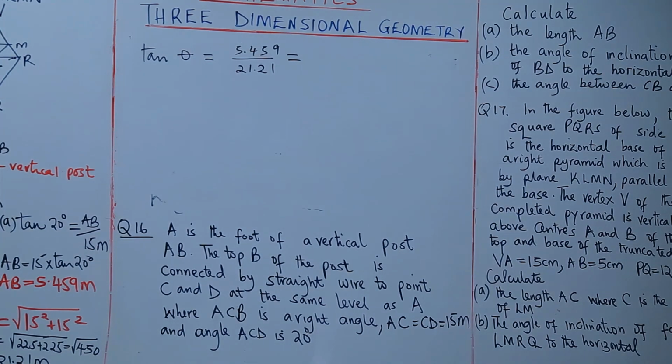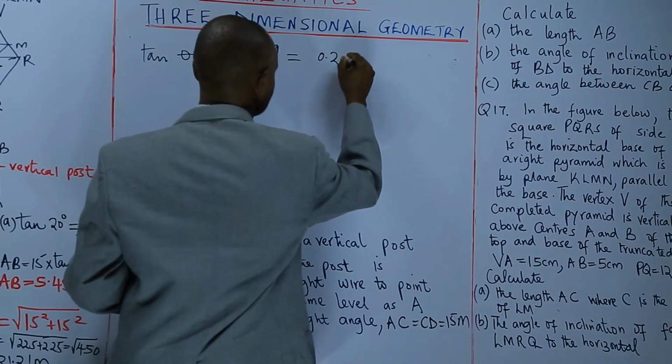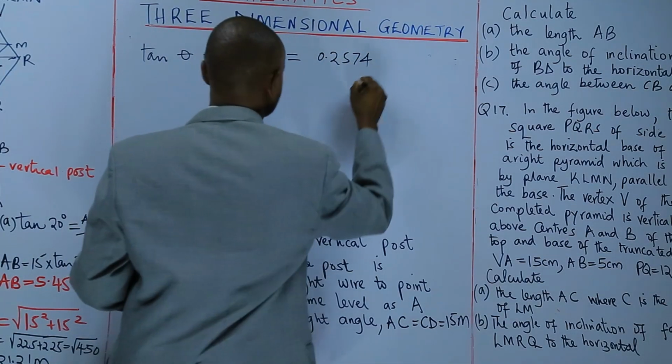5.459 divided by 21.21 gives you 0.2574.